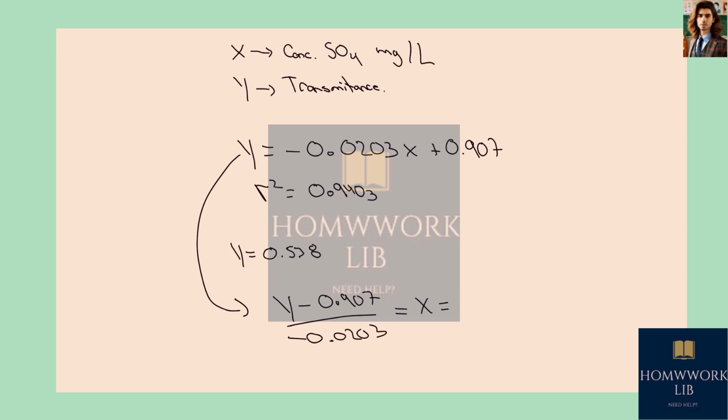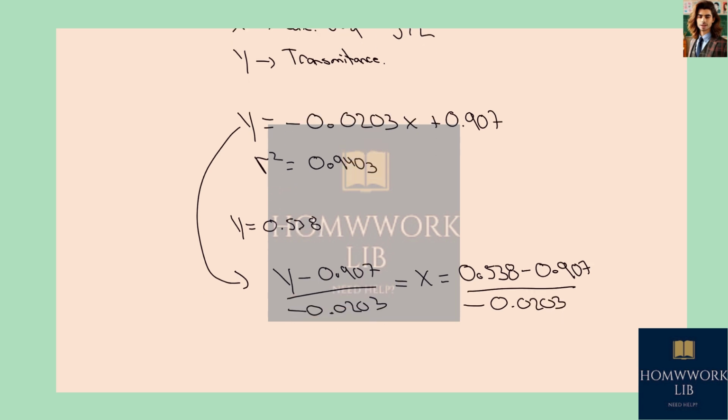We are going to substitute the value, in this case 0.538, that is the one that is provided to us, minus 0.907 divided by minus 0.0203. And this is going to give us the concentration in milligrams per liter.